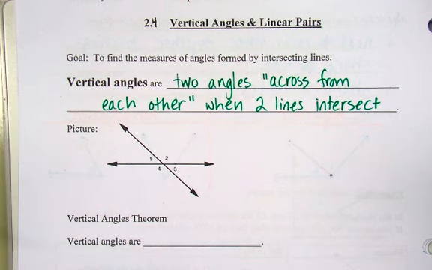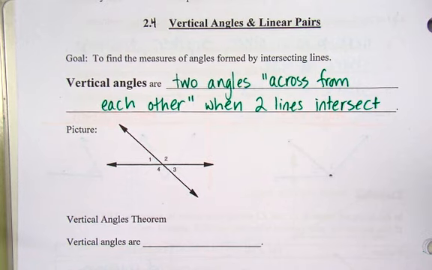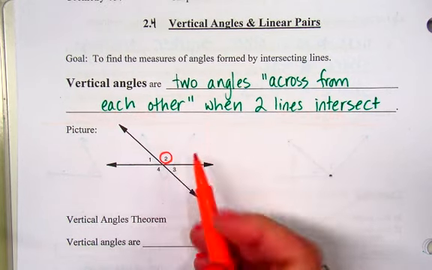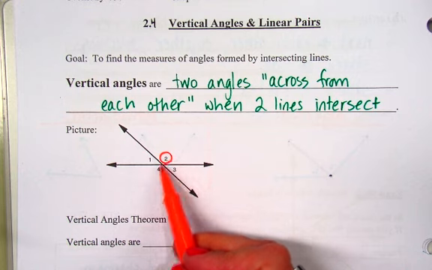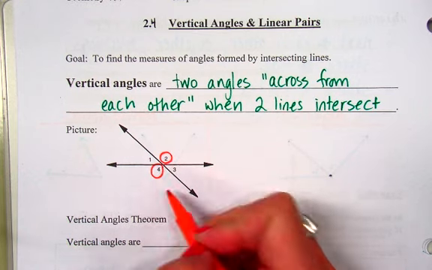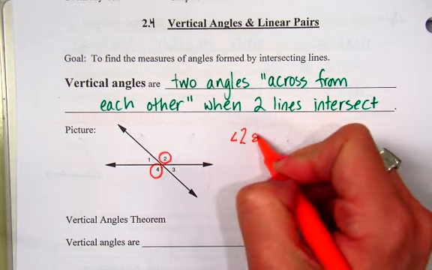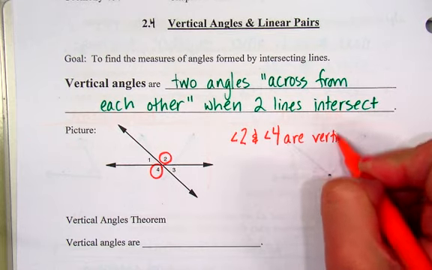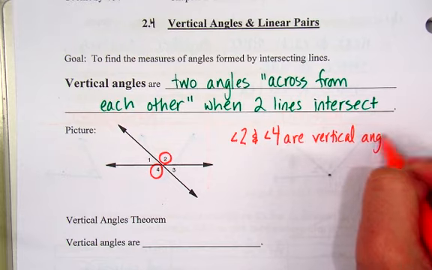So in this picture, which ones would be the vertical angles? Well, if I start with number 2, what's the angle that's across from it? Directly across from it would be angle 4. So we would say angle 2 and angle 4 are vertical angles.